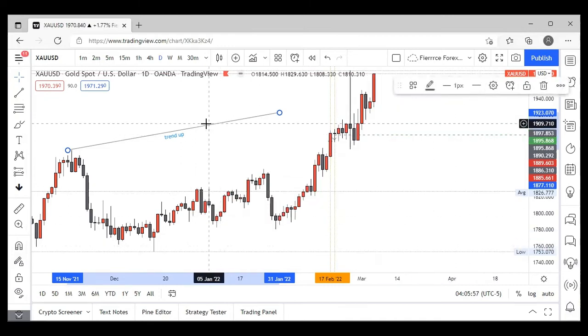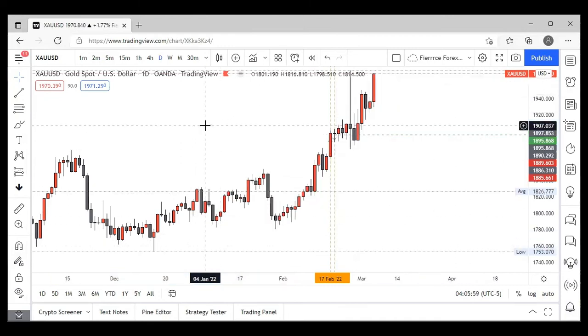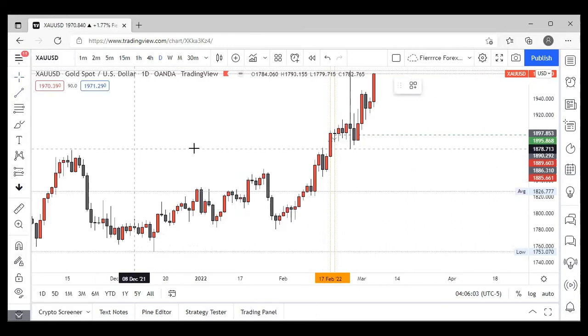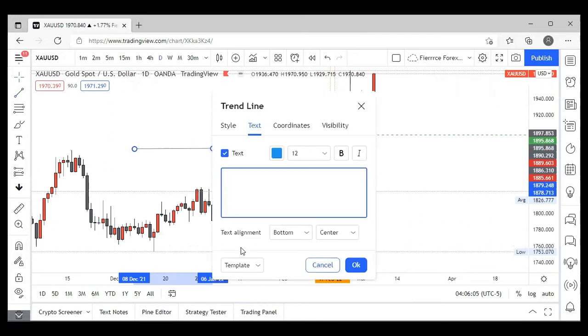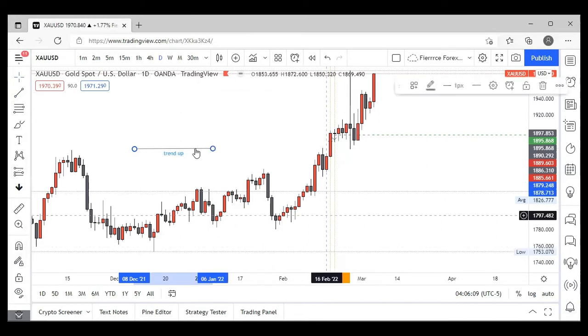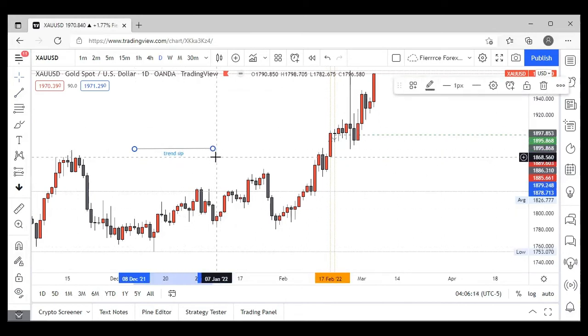So if I delete this, all I need to do is go on this trend line, look for my template, and look for trend up. And guess what? It comes, and based on how I've customized the trend line, it will show exactly. If this was a dotted line, it would have come up like that.